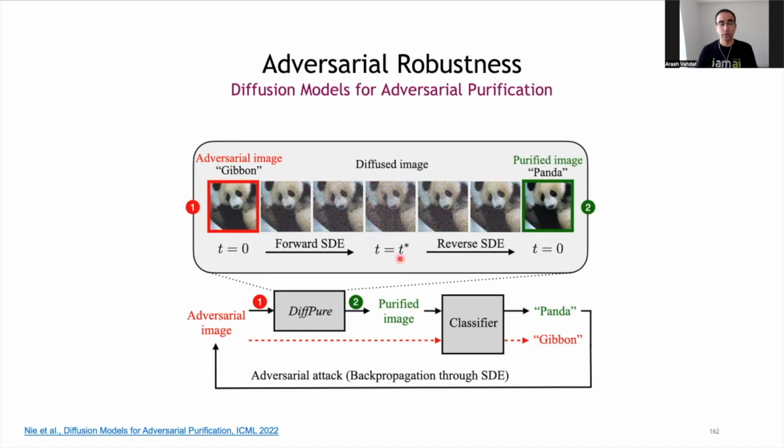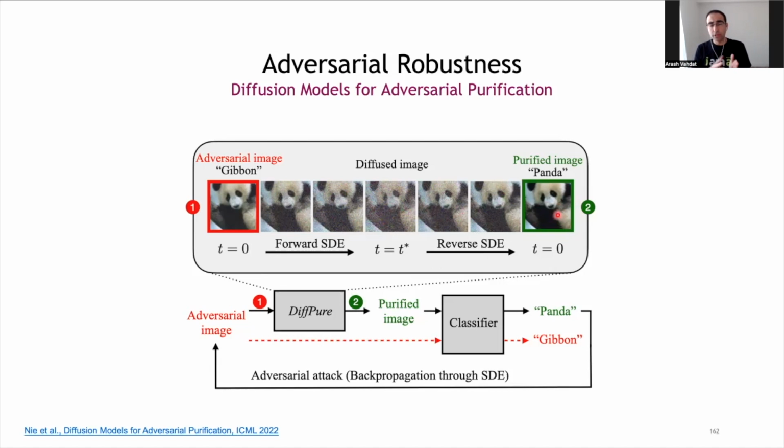So we go to a particular time that we call t star, and we simply diffuse the input adversarial perturbed image. We know that by adding noise, we can wash out all these adversarial perturbations that are applied to the image. Now that we have this noisy image, we use the reverse generative SDE, or reverse denoising SDE, to start from this noisy input and generate a clean image that corresponds to this noisy image.